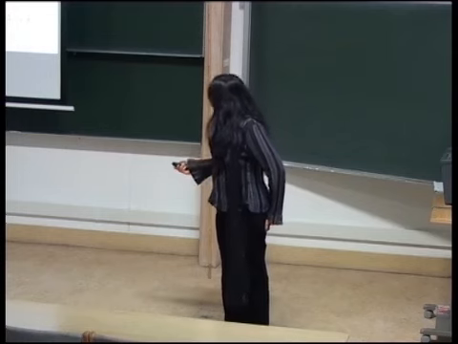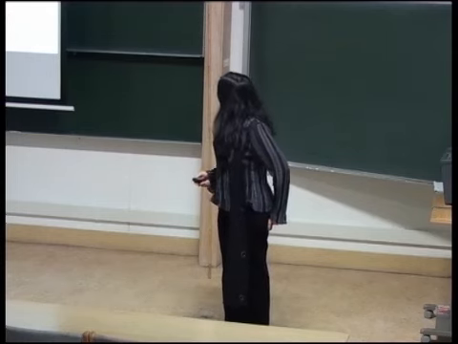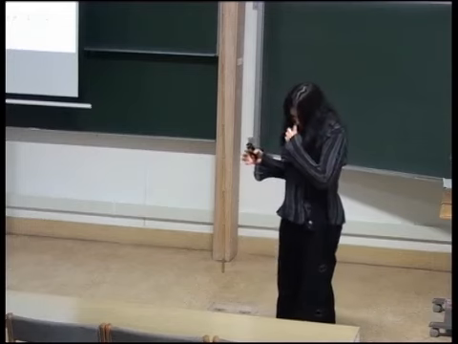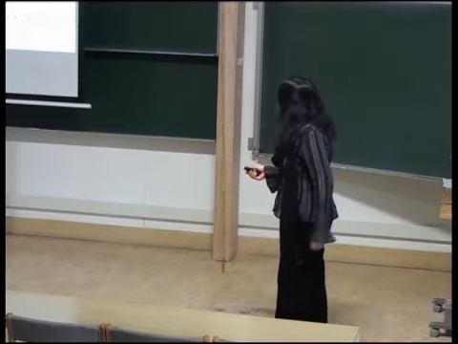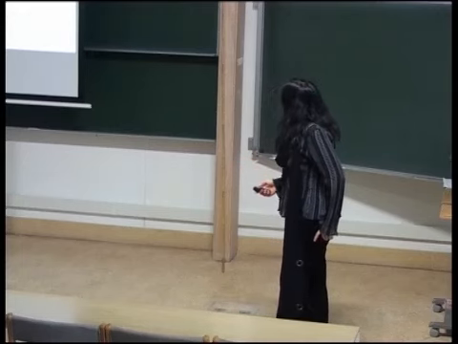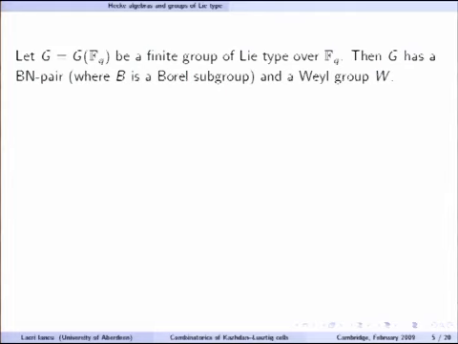Actually, it is quite well known that the representation theory of this Hecke algebra, H sub k, is in a nice bijection, a nice correspondence, well, the irreducibles, with some irreducibles of some groups coming from groups of Lie type. So very quickly I will say what I mean by that.